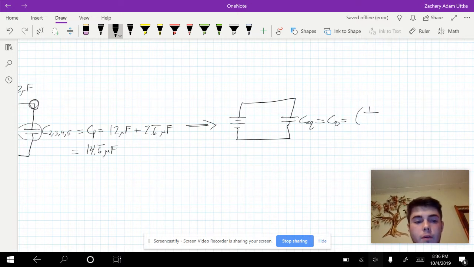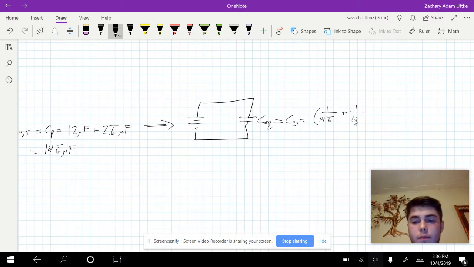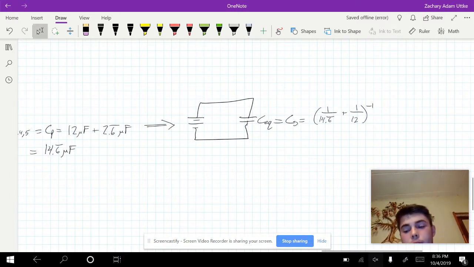So we're going to take 1 over C2,3,4,5, which is 14.6 repeating, plus 1 over 12, and take the inverse of it. So let's see what we get. 1 divided by 14.66666 plus 1 divided by 12, and then raise that to the -1.